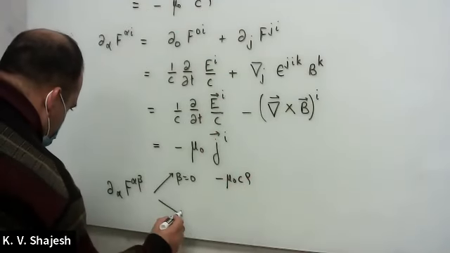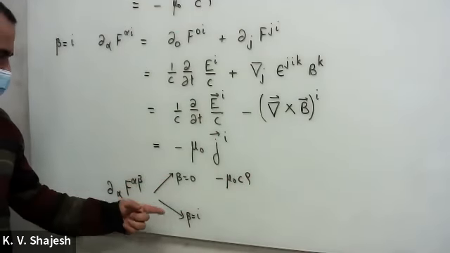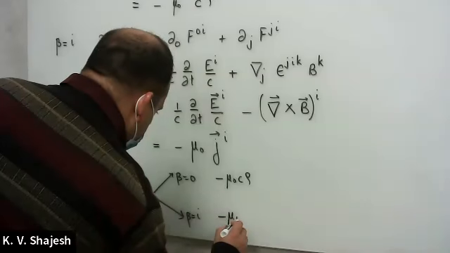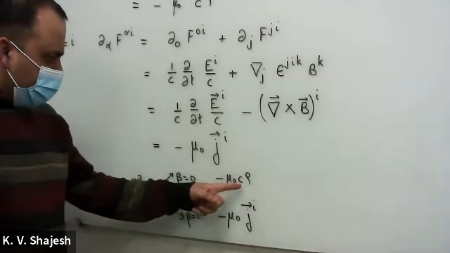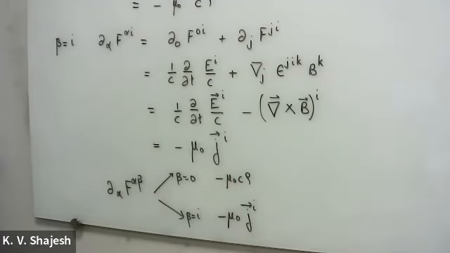If I put beta equal to I, these are the 4 components, the first component and the 3 components, that's minus mu naught times ji. That seems to suggest that I should put this together. That's the motivation in defining my 4 current density like that.